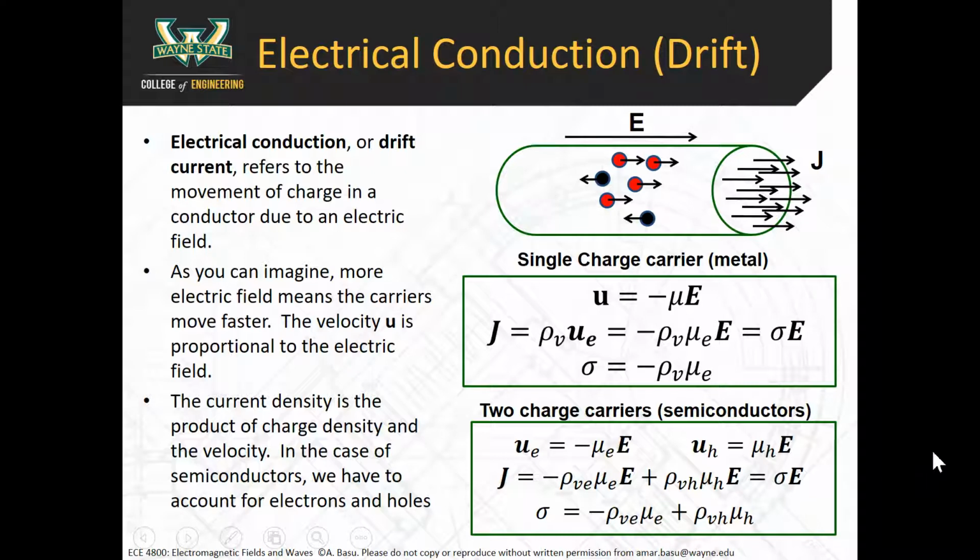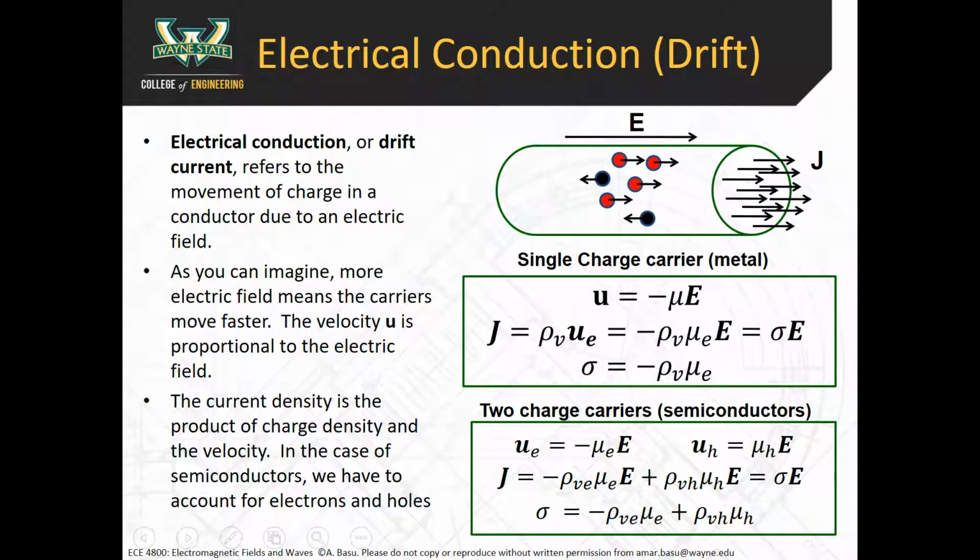U is the velocity at which the carriers move, and we usually denote this U in bold to show that it's a vector quantity. The velocity at which the electrons move is equal to negative mu times E.